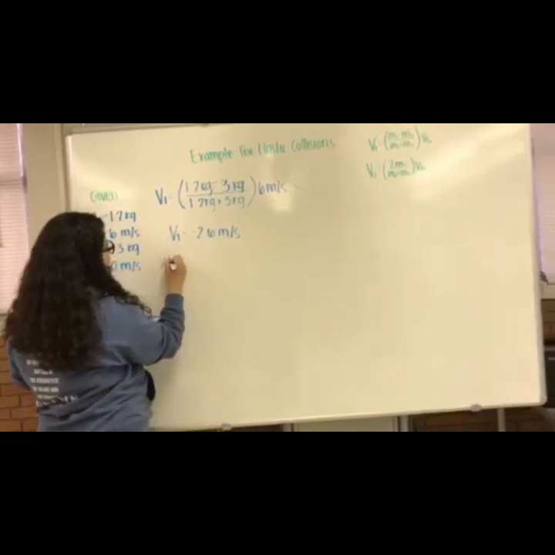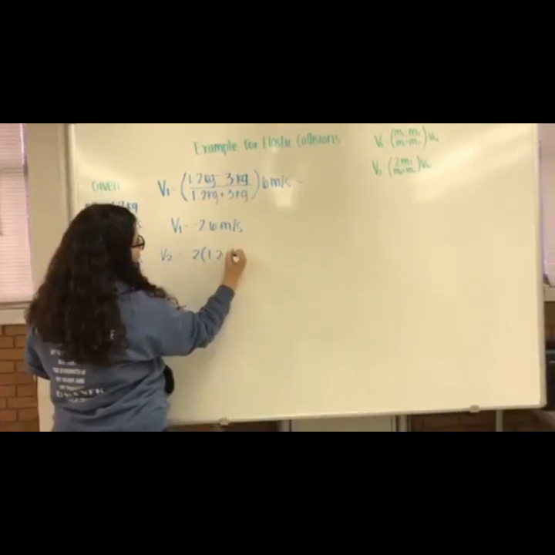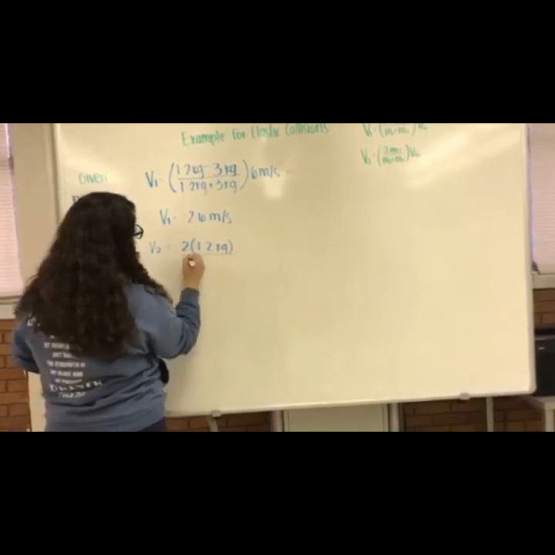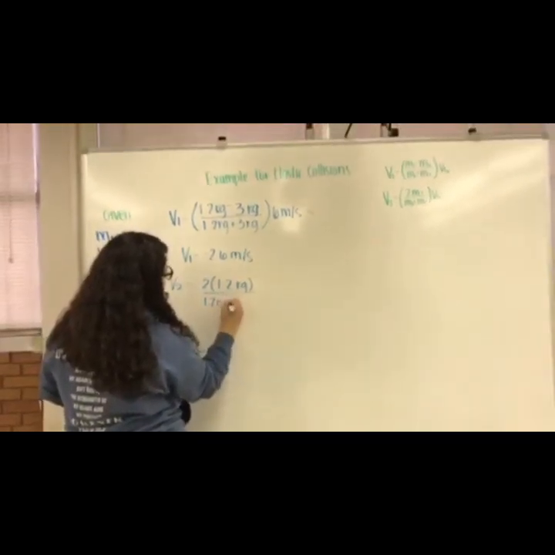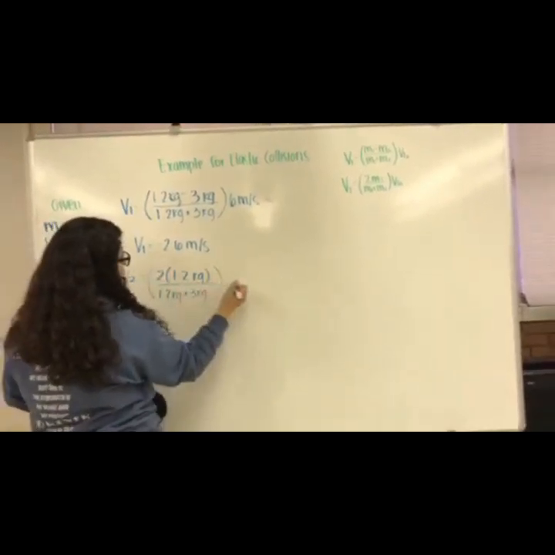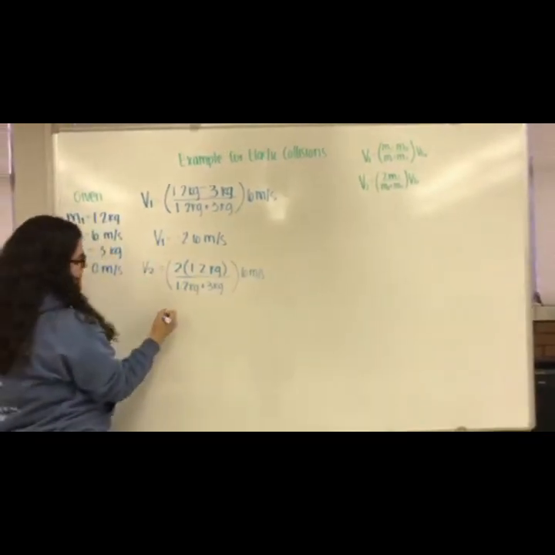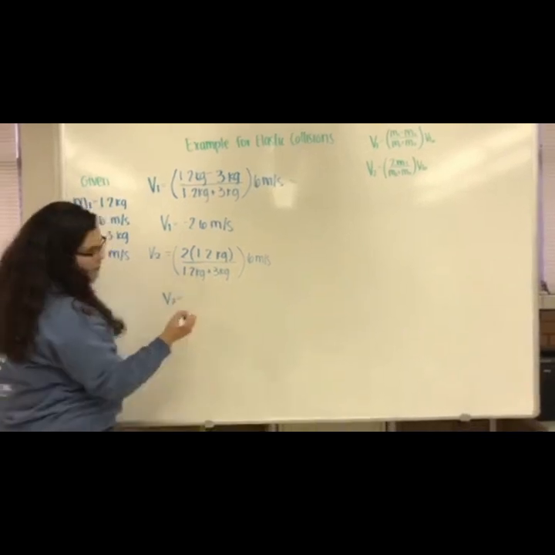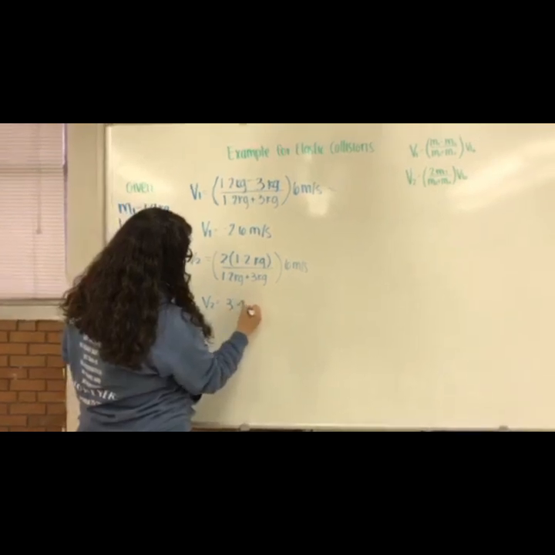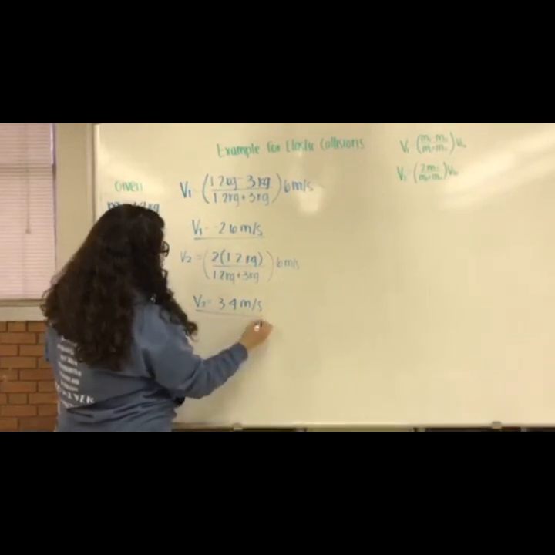Now for v2, we do 2 times mass 1, which is 1.2, over 1.2 kilograms plus 3 kilograms, times v1 naught, 6 meters per second, and we get 3.4. Those are our final answers for velocity.